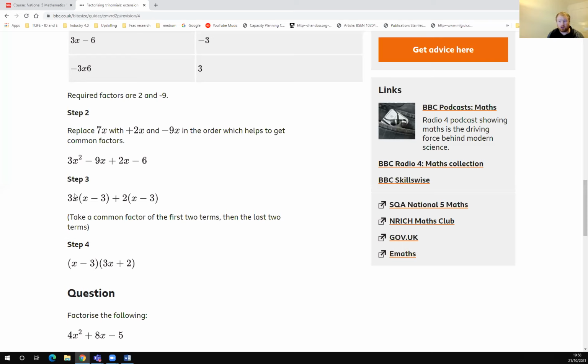Effectively you're joining like terms. Because these two brackets are the same, we can add that 3x and 2 together. That's why you get 3x plus 2 in a bracket, then x minus 3.